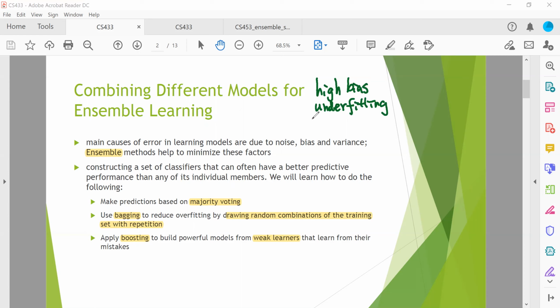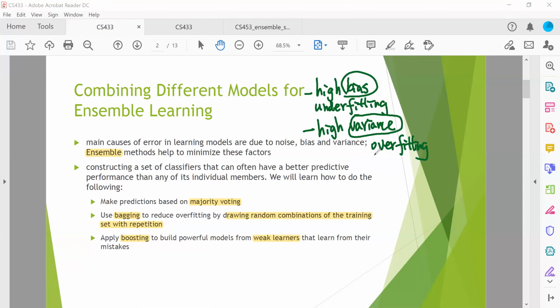And high variance leads to what? Overfitting. Yeah, very good. You can send it to the chat. That's overfitting. So keep those two in mind, bias and variance. Which one leads to underfitting?